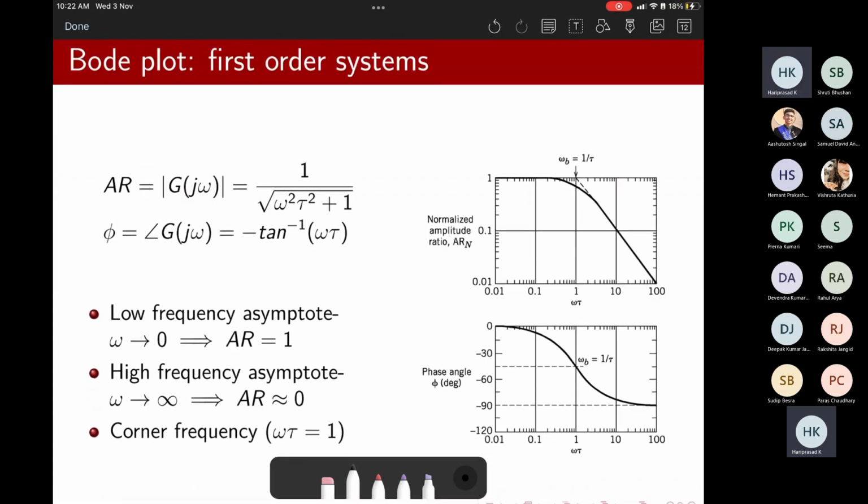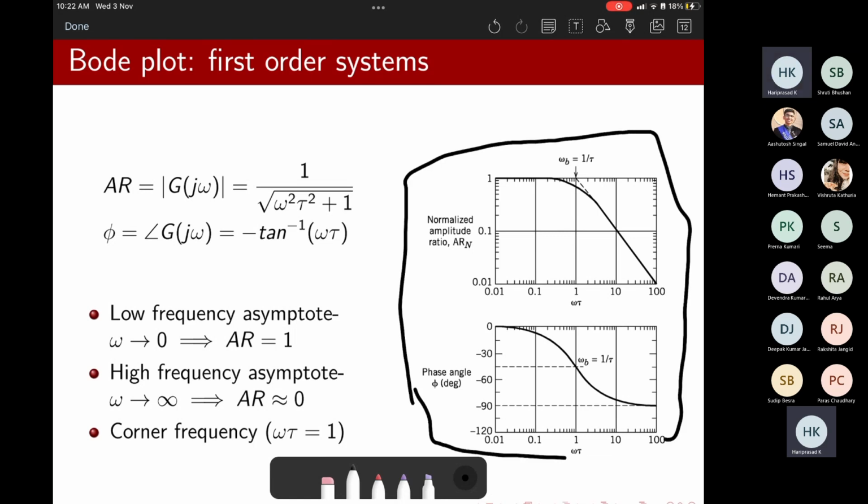Now whatever you see on the right hand side is a typical Bode plot. As I told, it contains two parts. Part A contains amplitude ratio versus frequency. For simplicity, instead of omega, you may also take omega tau, so that plotting would be easier. Most of the time it is omega tau only.